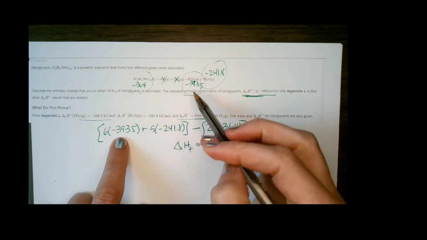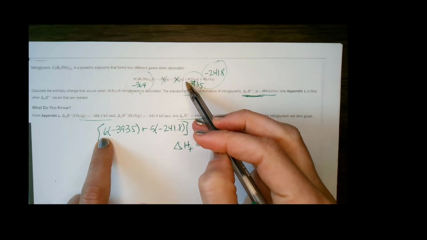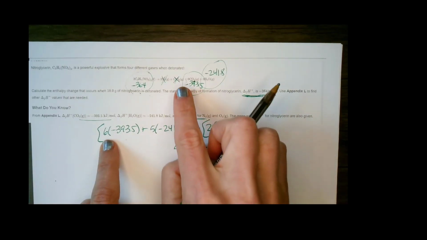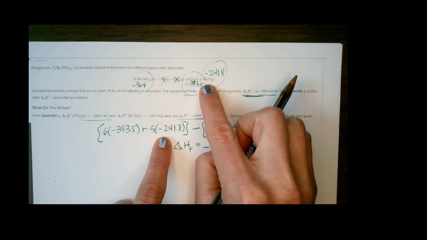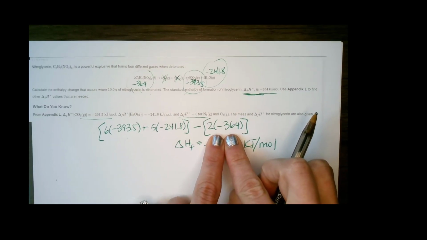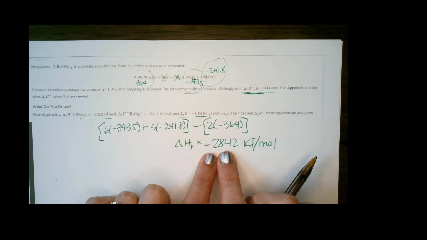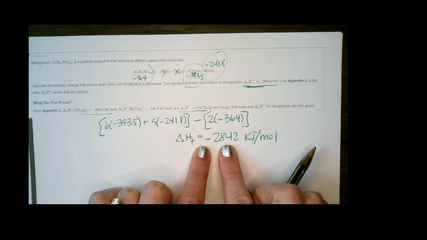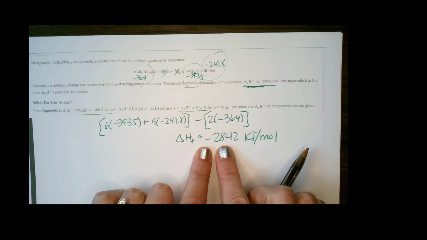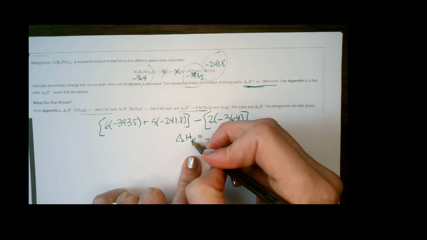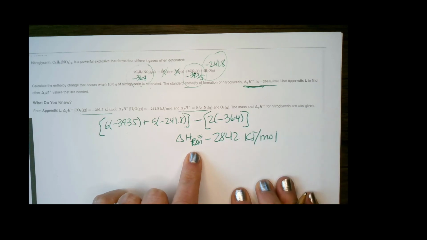I remember I had to take those numbers and times it by how many moles there are of it. So there were 6 moles of carbon dioxide, 5 moles of water, minus reactants. There were 2 moles of the nitroglycerin. So products minus reactants to get my delta H for the whole reaction. That should be delta H reaction.